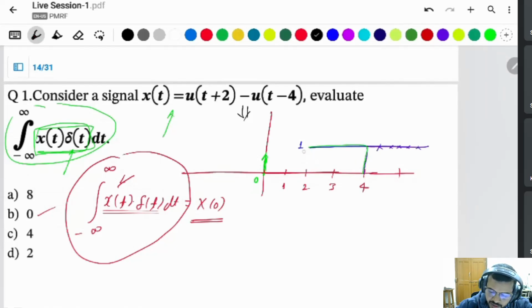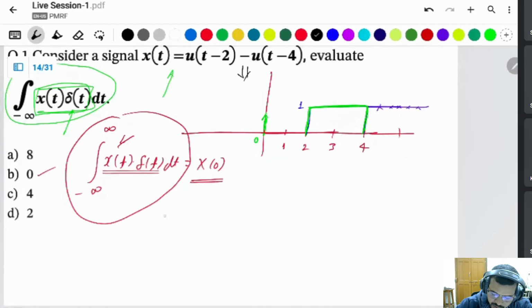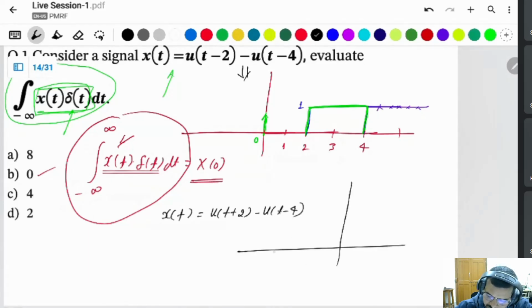This signal, okay, I will make this one. I write here another x(t) equal to u(t+2) minus u(t-4). This will start from -2 and go to +4. In this condition, we take the value of x at the point 0.